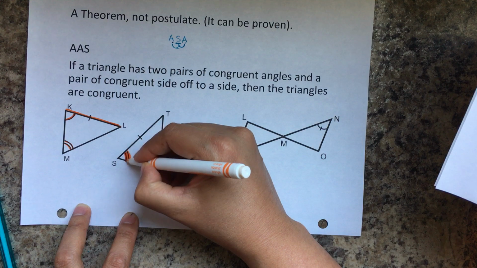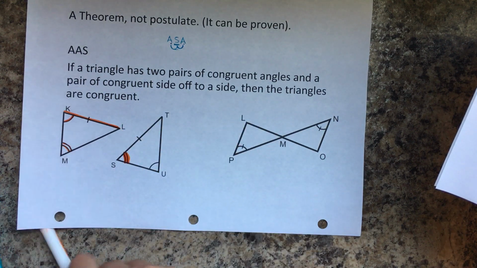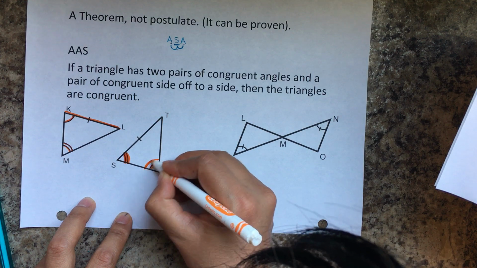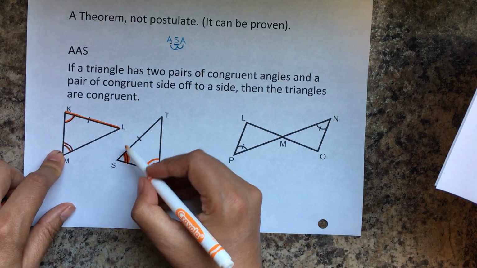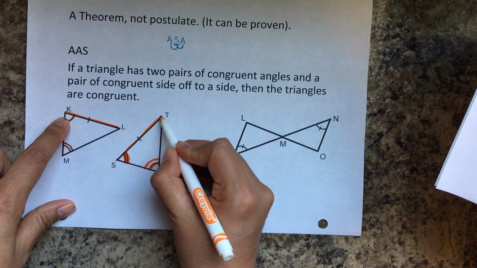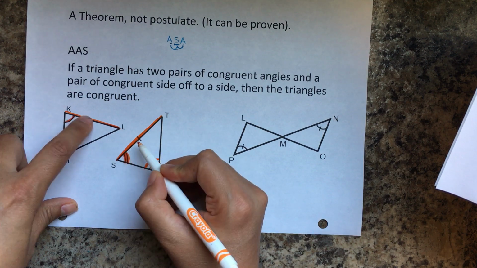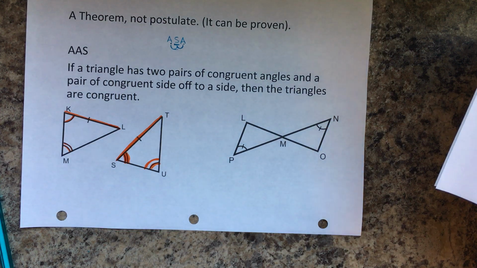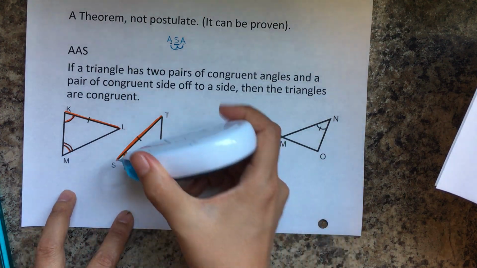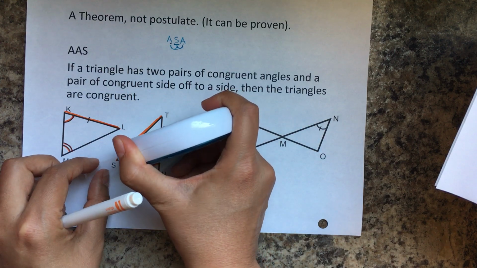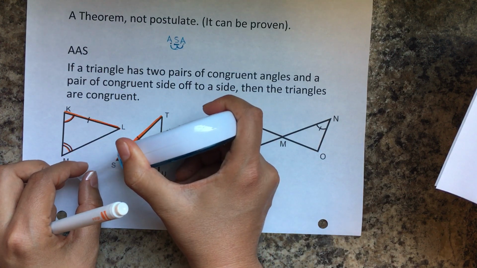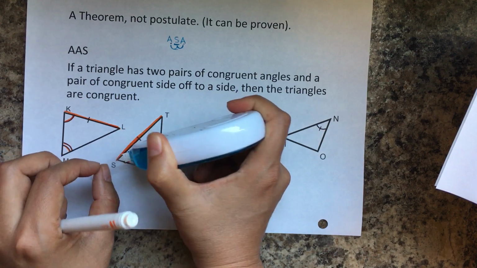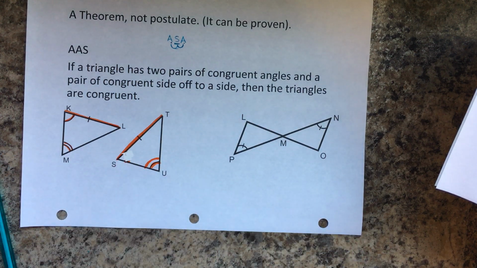This is gonna be one marking and this is gonna be two markings. Okay, so in here we have the congruent side touching one of the two angles only. So let me take this because it shows the two markings and so it gets confusing.